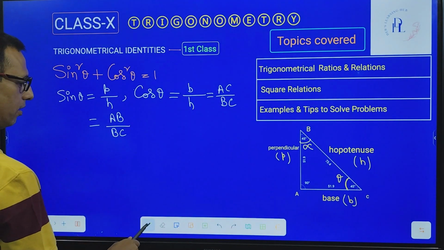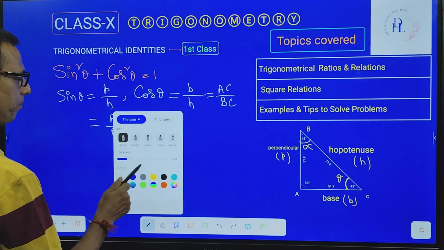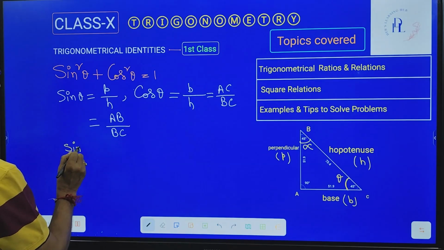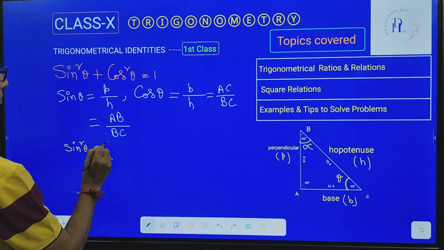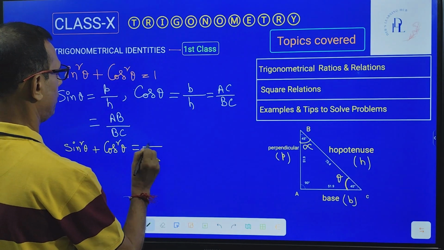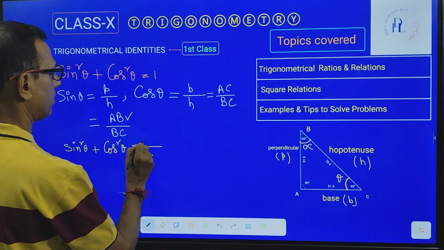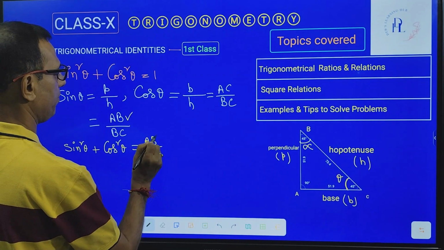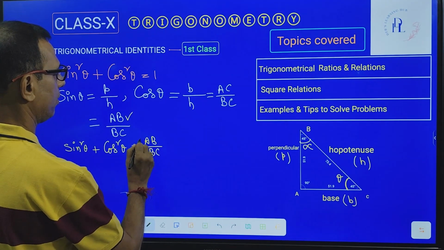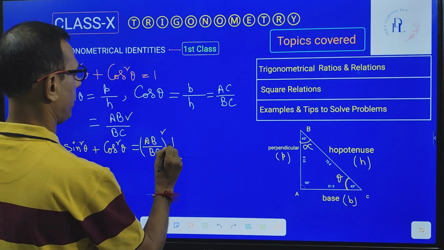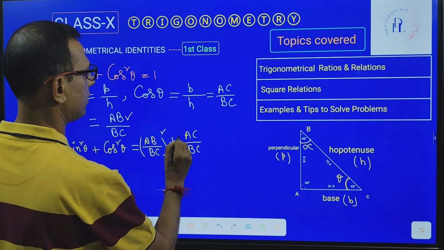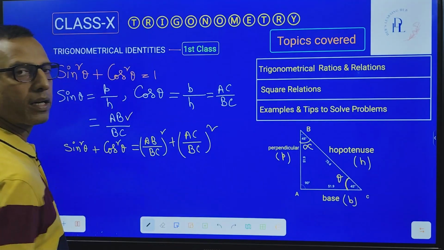Now let us square it and add up. So sin²θ plus cos²θ equals (AB by BC) square plus (AC by BC) square.